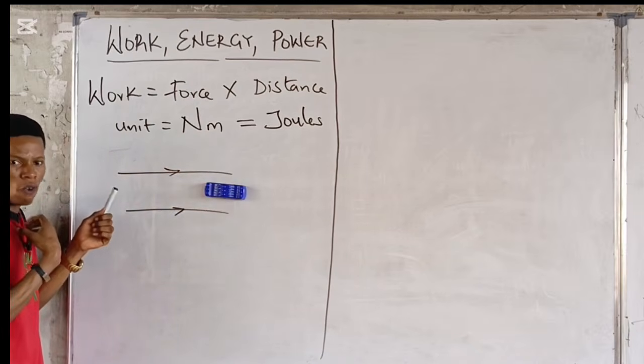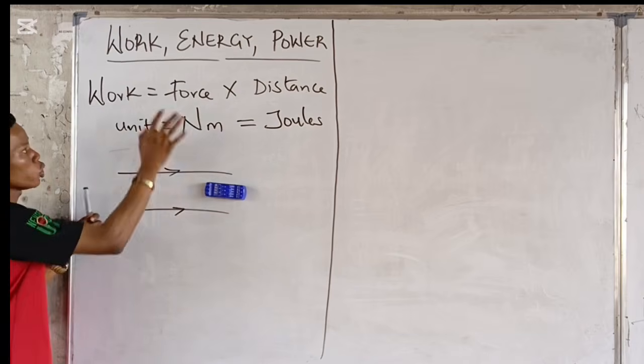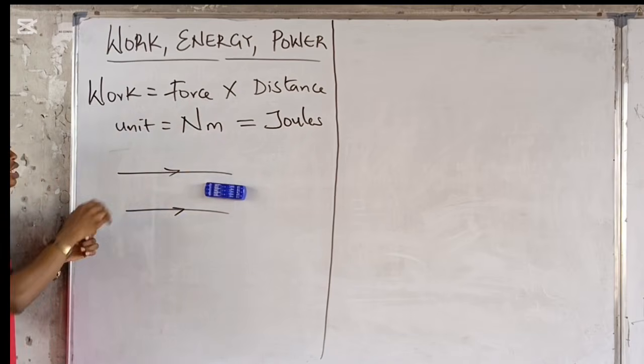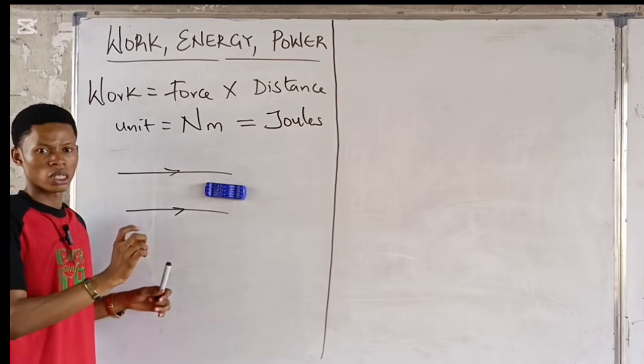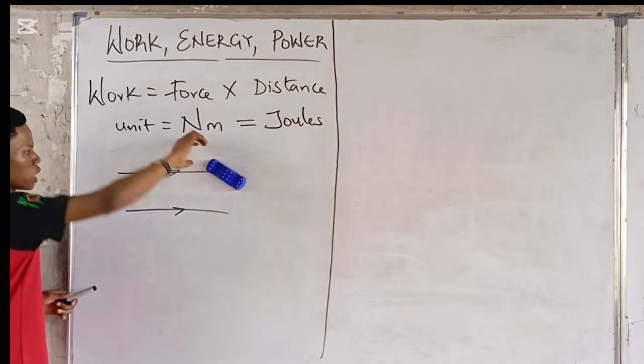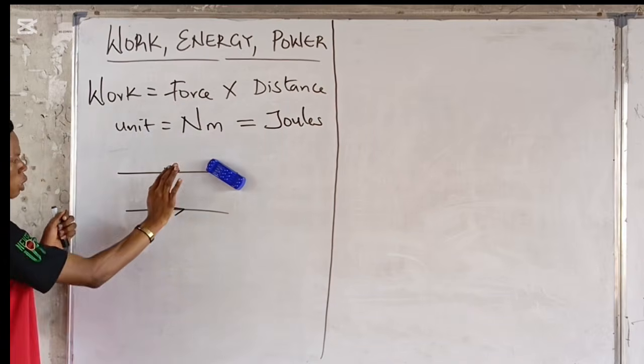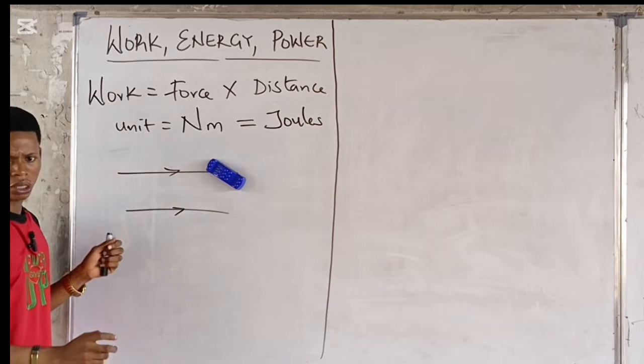So we can say the force and the distance moved are parallel. That's when you use this formula. But what if there is an inclination, that is, the force is inclined to a plane? So maybe I'm applying the force this way, but the object is moving this other way.